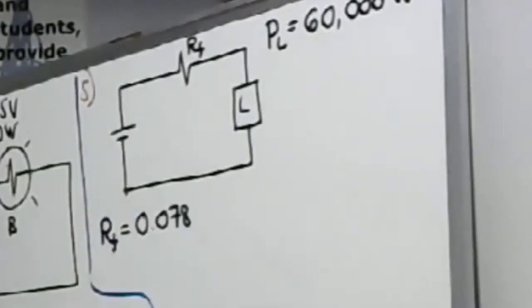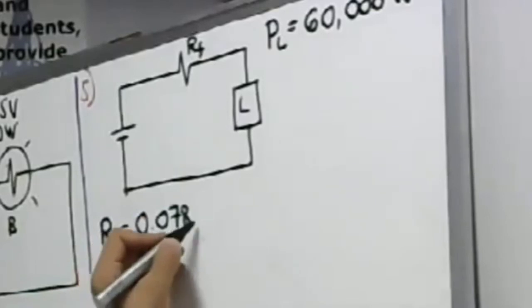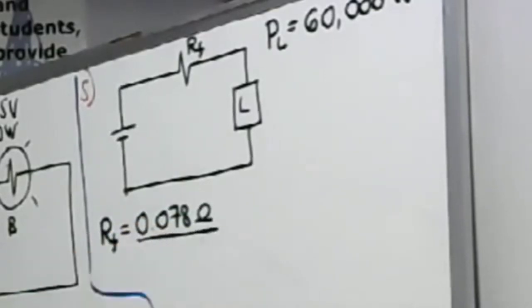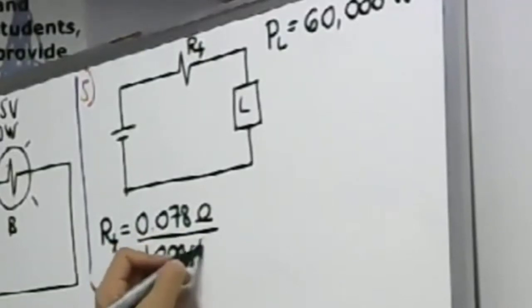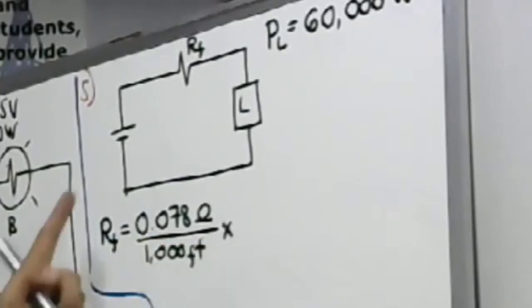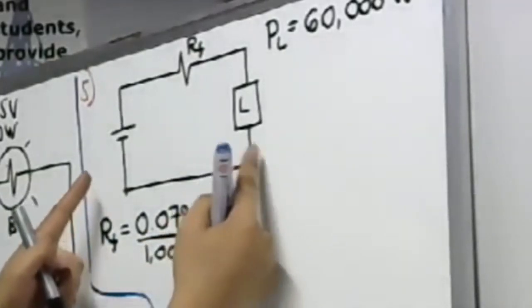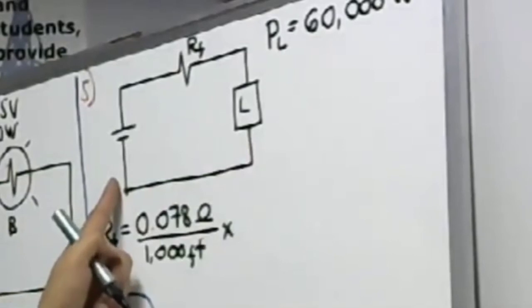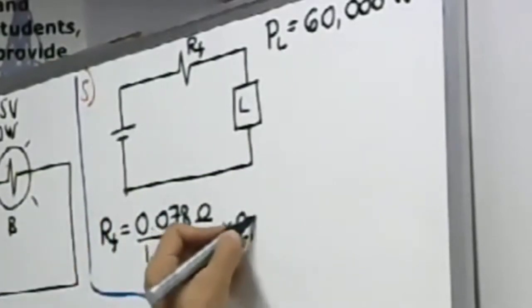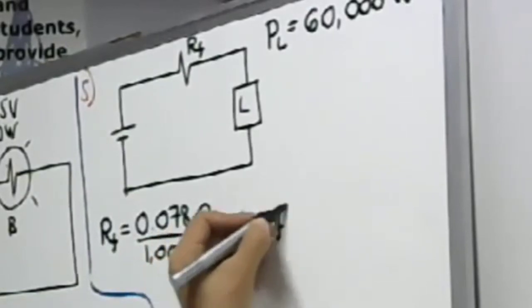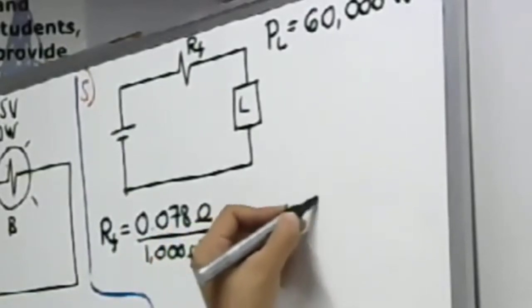This is the ohmic value per 1,000 feet. Again, what is the distance of the load to the source? In our problem, that is 2,500 feet. Then we have to multiply it by 2.